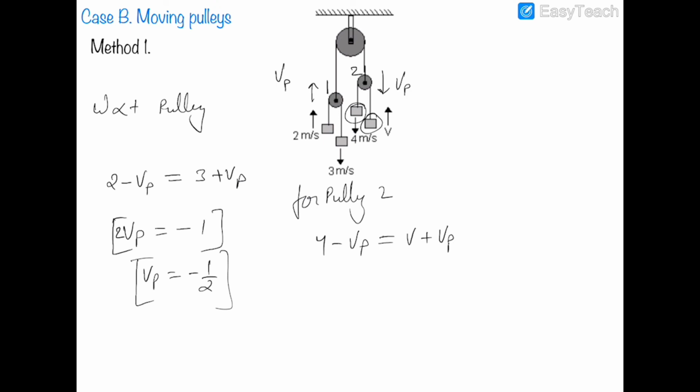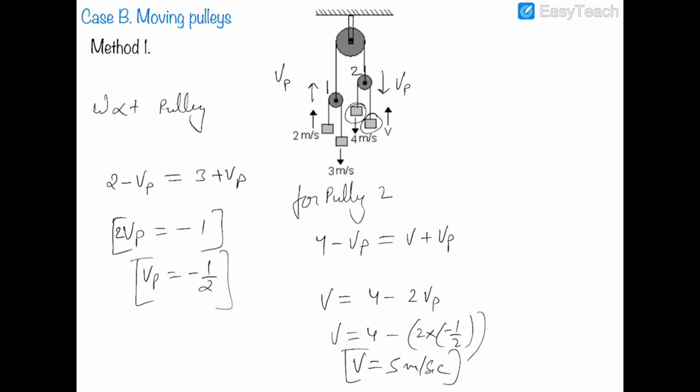Now Vp is minus half, so V will be equal to 4 minus 2Vp. So V will be equal to 4 minus 2 into minus 1 by 2, which gives V equal to 5 meters per second. This is the required answer. Now I move on to the next question.